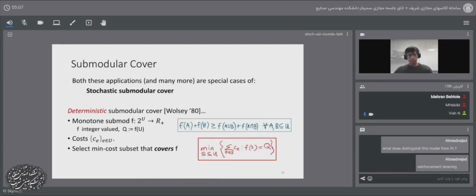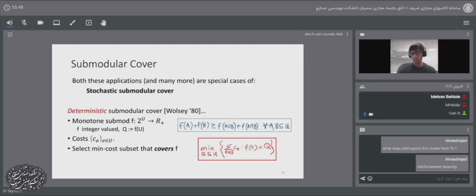I see, reinforcement learning. So I think some aspects might be similar, but we have a particular setting in terms of adaptivity and observing information sequentially, that is very similar to the setting in reinforcement learning. But we have a more restrictive setting in terms of the objective being a minimum cost objective and the constraint being given by a submodular function that you can think of as a special setting within this general area.